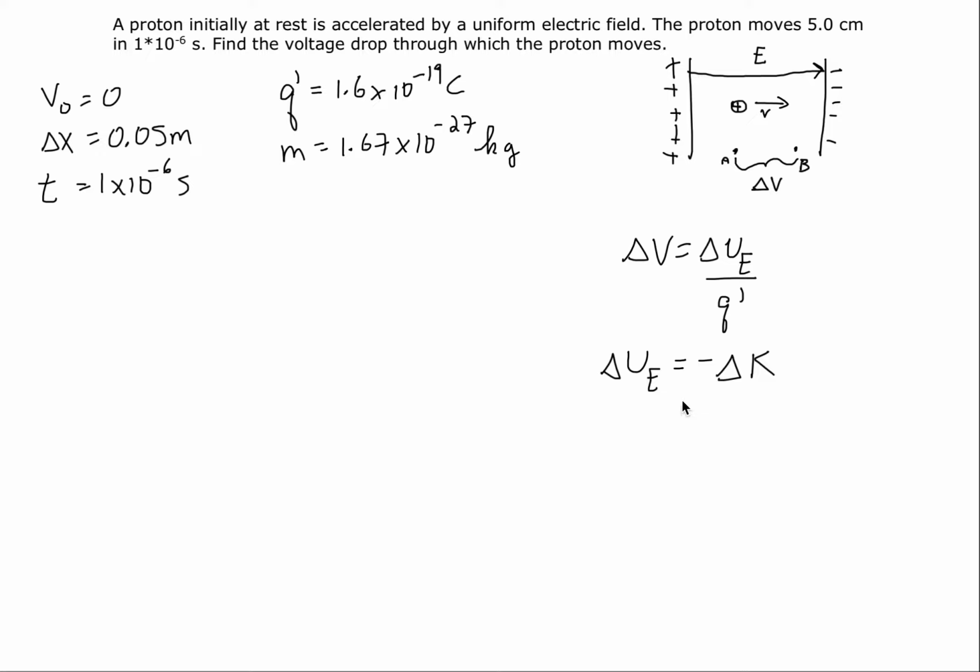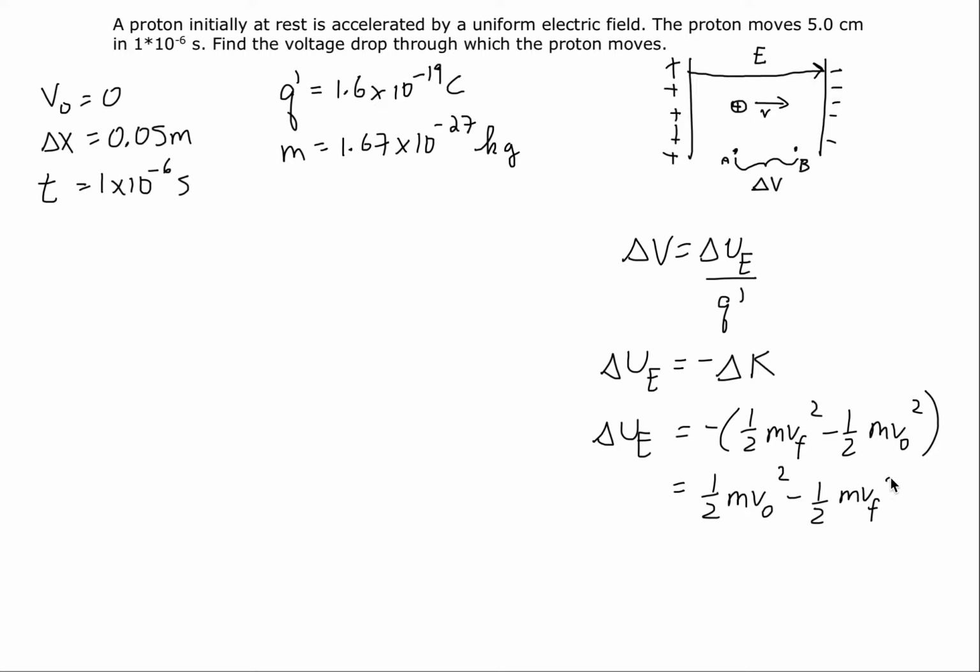We know that the change in kinetic energy is going to be this right-hand side here. Delta K is 1/2 m v final squared minus 1/2 m v initial squared. So this right here is a change in kinetic energy, but it's negative, so we're going to distribute that negative to both terms, and that's going to give us 1/2 m v initial squared minus 1/2 m v final squared.